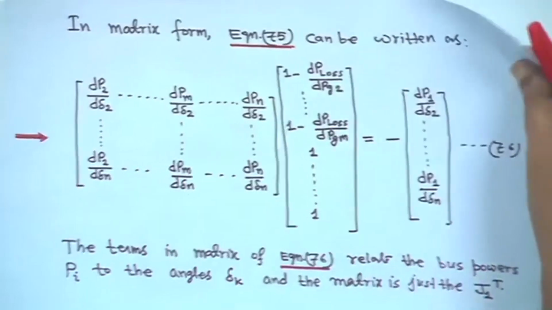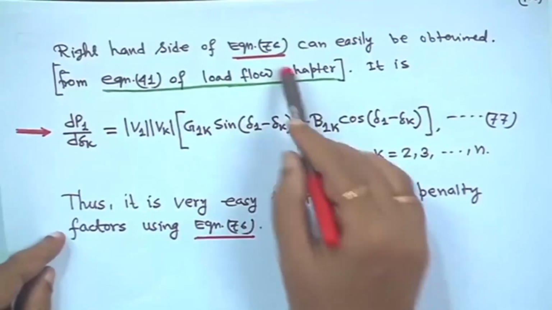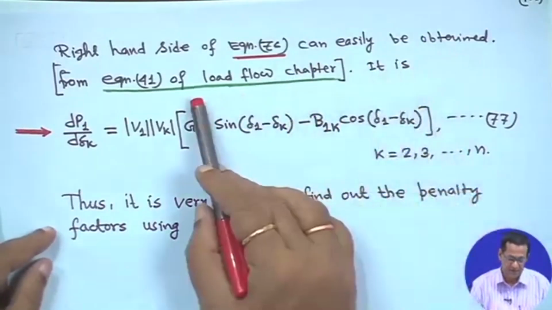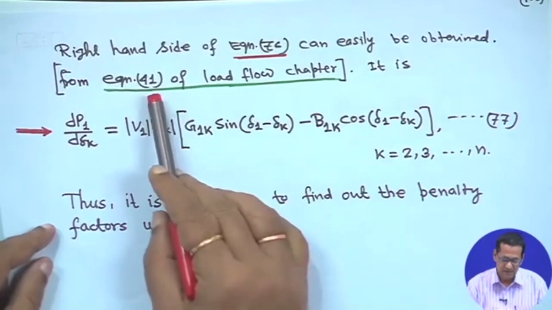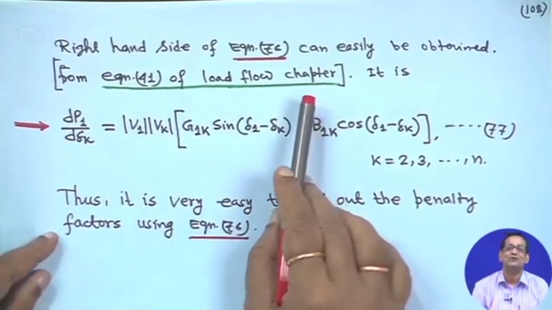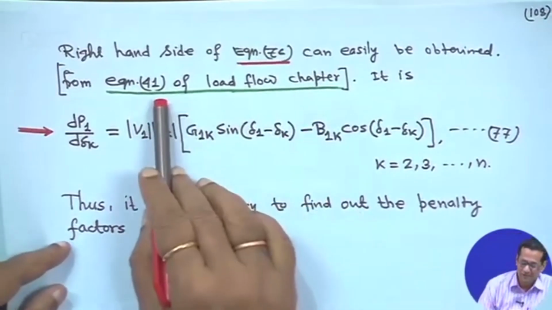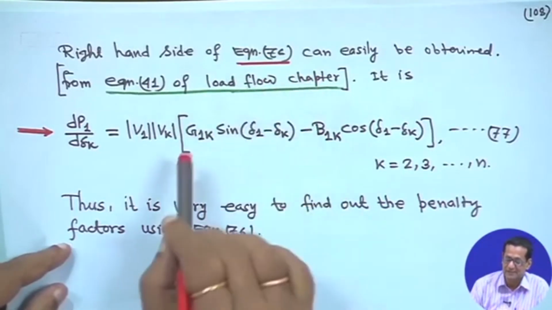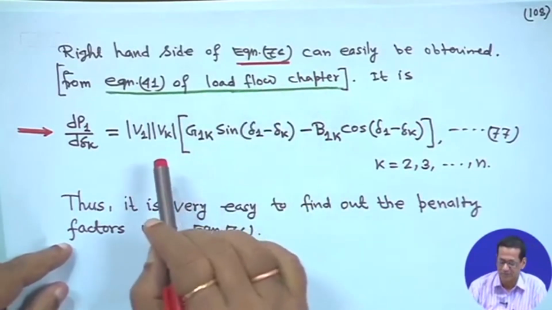So, the right hand side of equation 76 can easily be obtained, and this is equation 41 of the load flow topic, which we have studied. From that you will get that equation 76 can easily be obtained after the load flow studies.